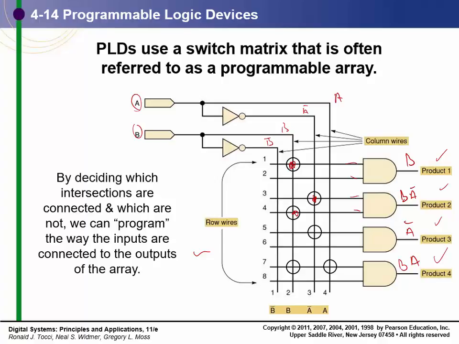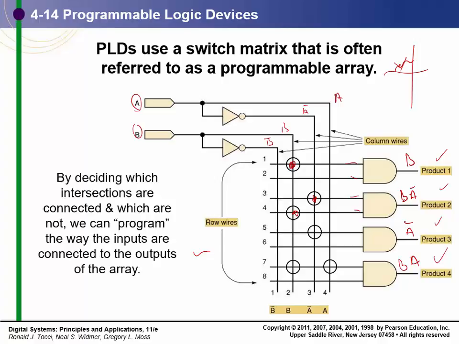Now, depending on the PLD, some of the older style PLDs actually put fuses there, and I would blow fuses where I don't want a connection. I would put it into a programmer and blow the fuses. Here are my 2 lines, and I'd have a fuse between the 2 of those. If I didn't want a connection, I would put a very high current through these wires and make that fuse disappear.